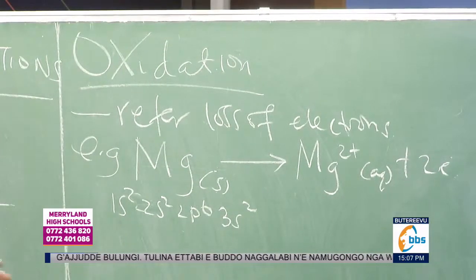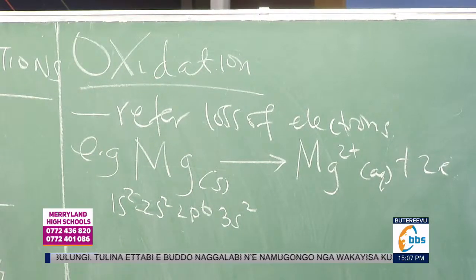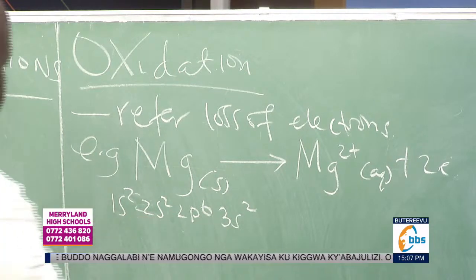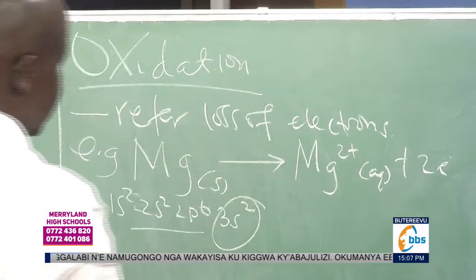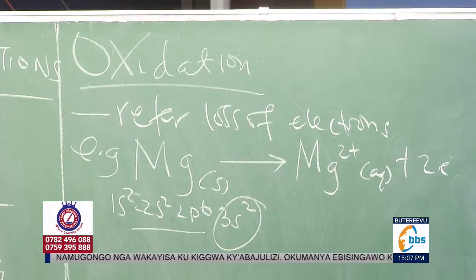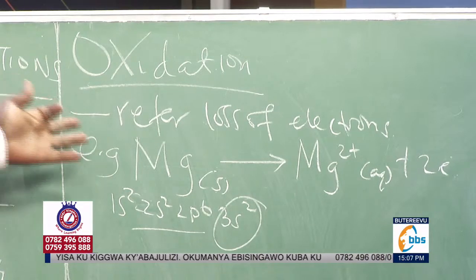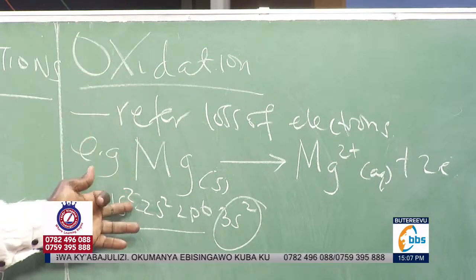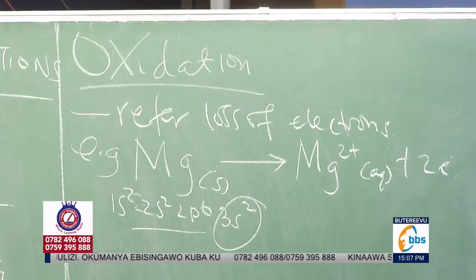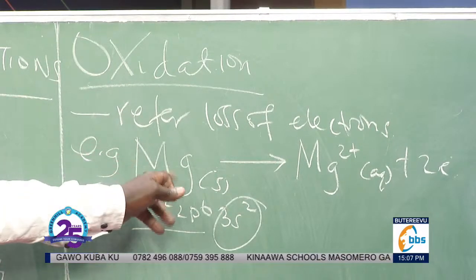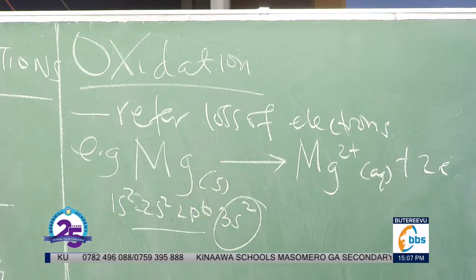Now we are losing electrons because we want to form a stable octet. So in this case, we lose the outer 3s2 to have a stable electronic configuration of a noble gas. So this is what we call oxidation. So oxidation is the loss of electrons. As you can see clearly here, magnesium is losing its electrons and forming magnesium ions plus 2 electrons.